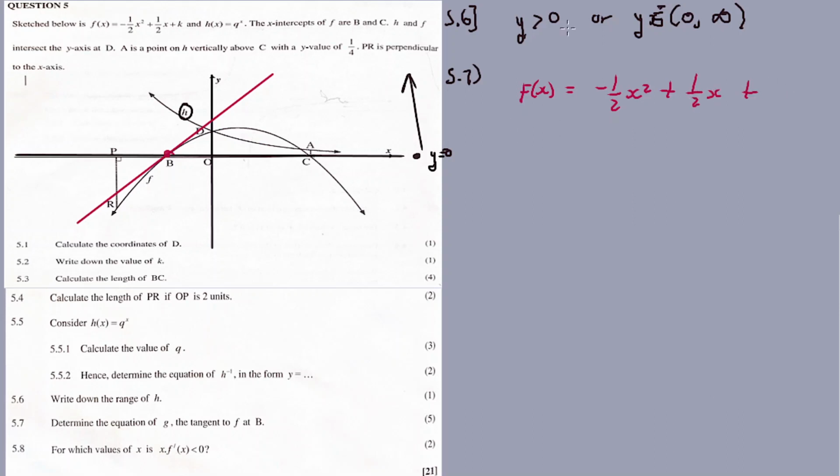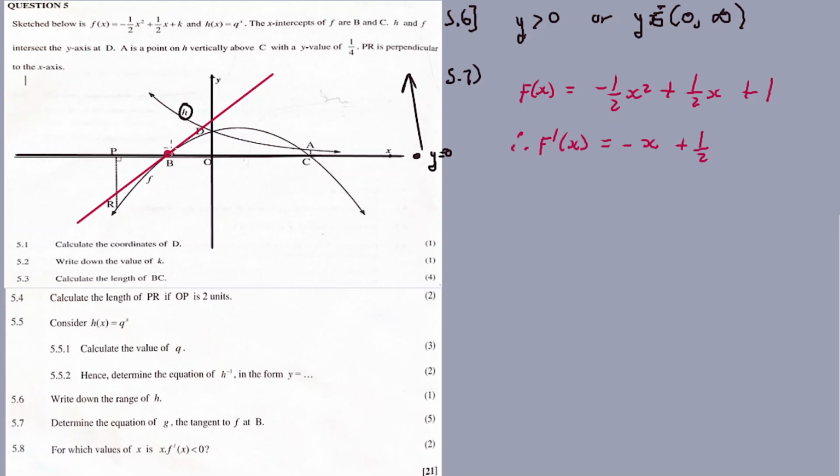The first derivative gives the gradient. So the first derivative is minus x plus 1 over 2.